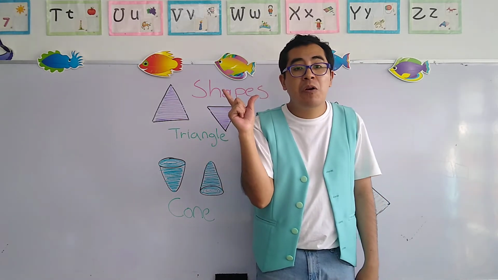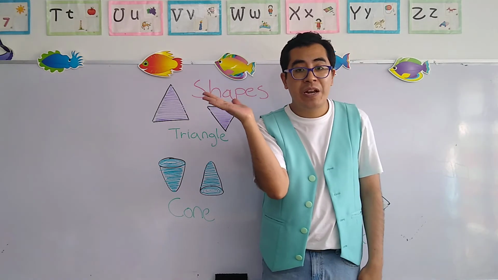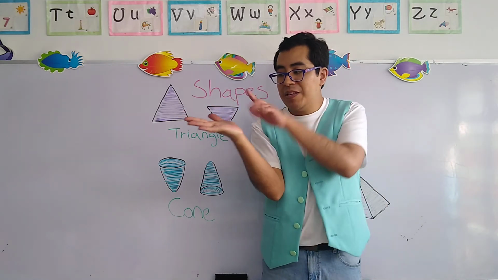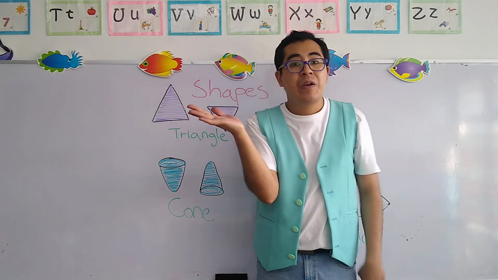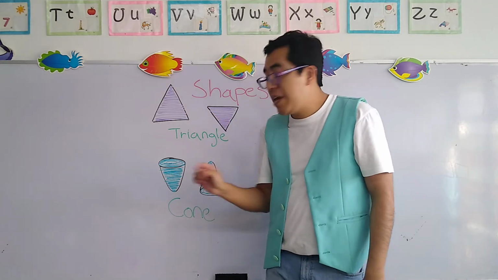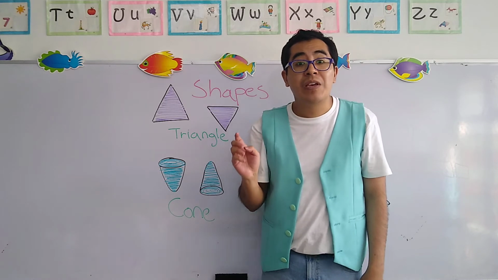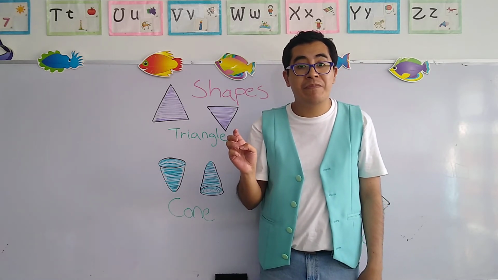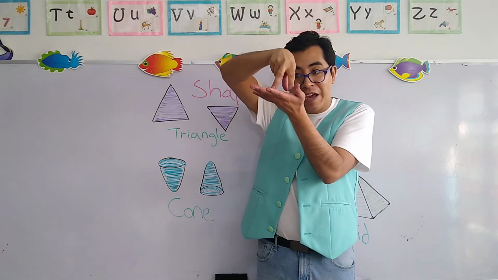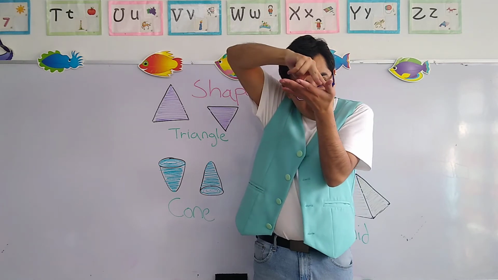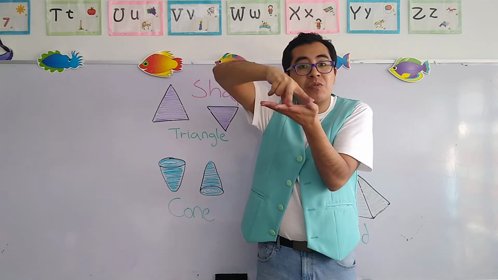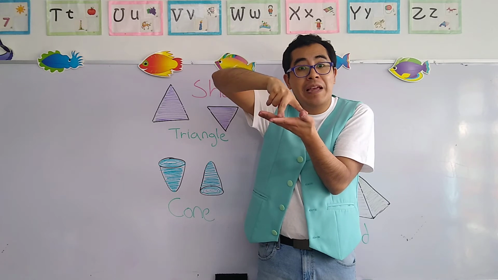If we have a triangle in our hands, si tuviéramos un triángulo, solamente daría una cara. When we are talking about the cone, we are talking about three-dimensional forms. Estamos hablando de formas tridimensionales. It means that we can turn it around, lo podemos voltear y seguimos viendo la misma forma del cono.